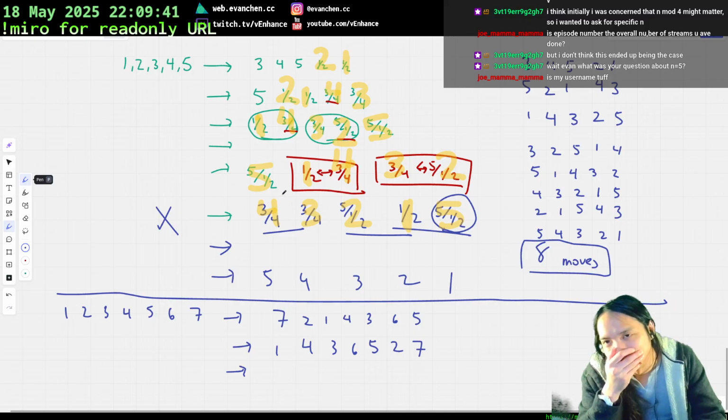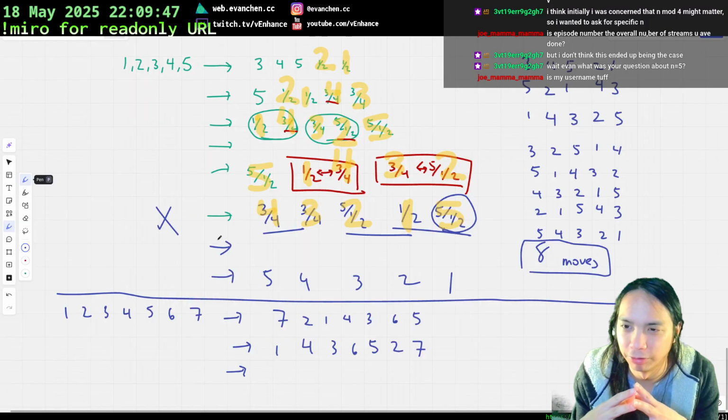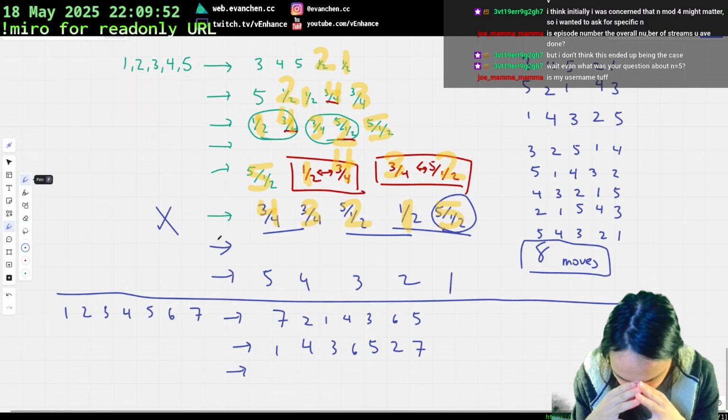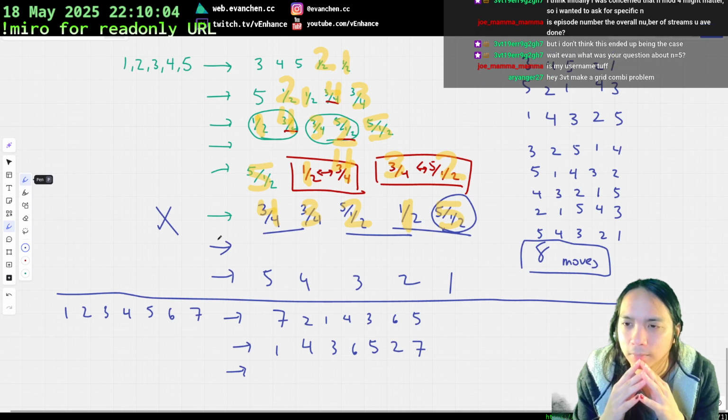Okay, I'm confused now. But the limiting factor for the n equals 5 situation was getting the 5 and the 4 next to each other, which took forever. Well, maybe not the only limiting factor.